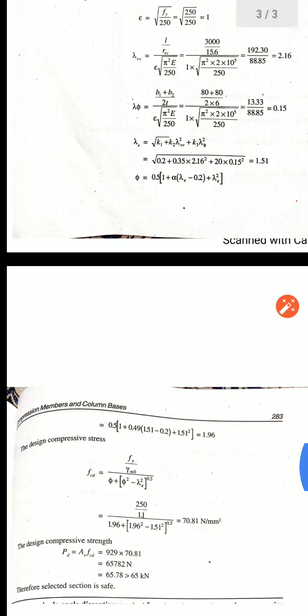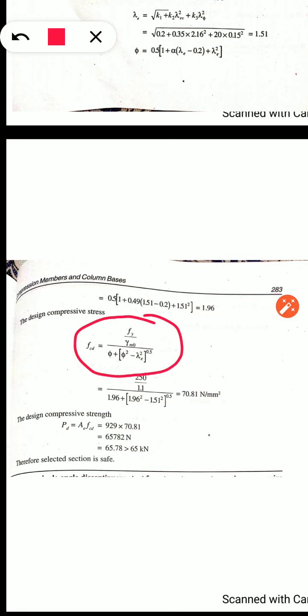Next thing is to find FCD. Already this formula is there in IS 800:2007. This is the formula for FCD: Fy divided by gamma m0, divided by phi plus square root of phi square minus lambda E square. We know Fy, we know gamma m0, we know lambda E. We have to calculate phi. The formula for phi is here: 0.5 into 1 plus alpha into lambda E minus 0.2 plus lambda E square.